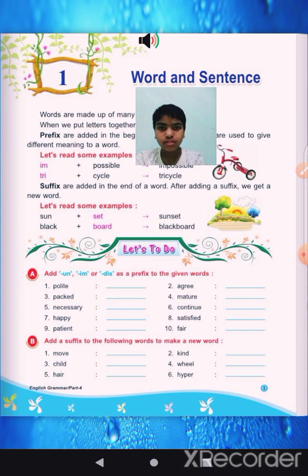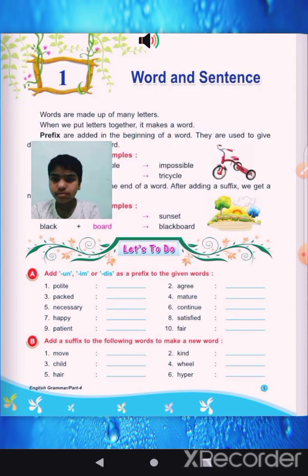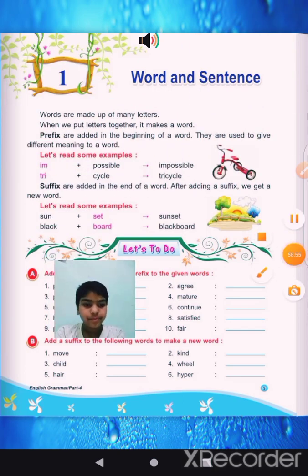Lesson 1. Word and sentence. Words are made up of many letters. When we put letters together, it makes a word. Prefixes are added in the beginning of a word. They are used to give different meaning to a word.